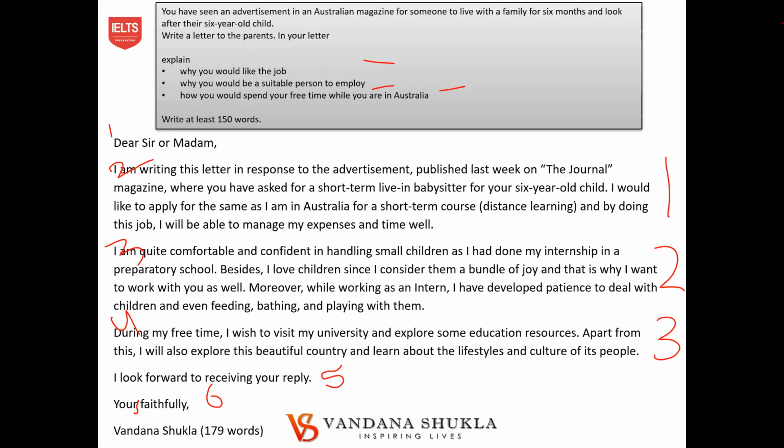And this will not change in the case of semi-formal. It will not change in the case of informal.